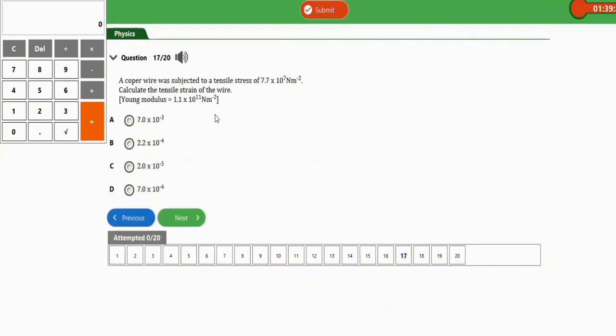It says a copper wire was subjected to a tensile stress of this value. Calculate the tensile strength of the wire. We have the Young modulus to be this. So basically, you know that the Young modulus is tensile stress over tensile strength.